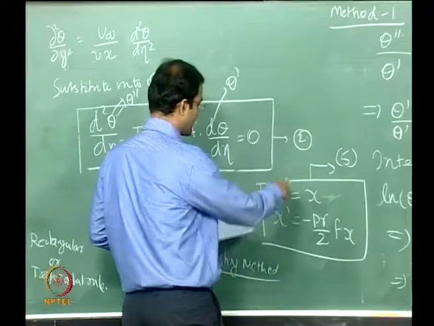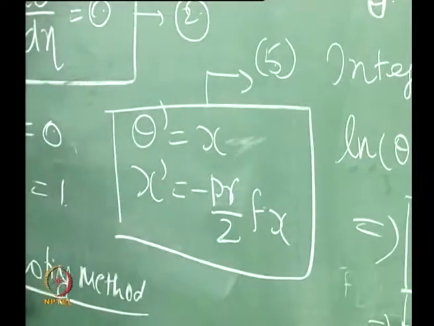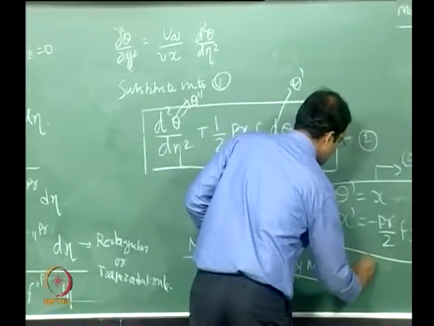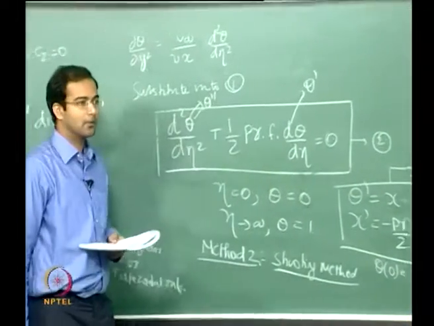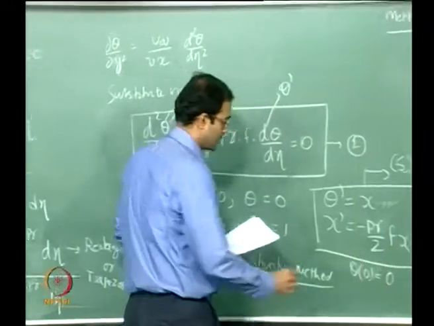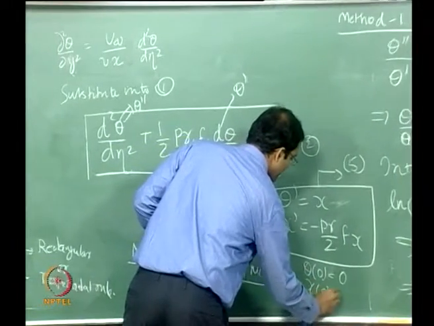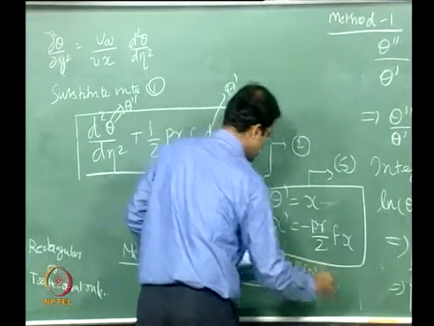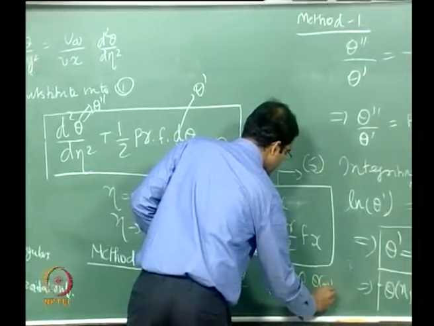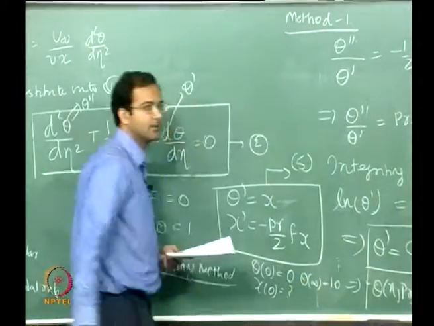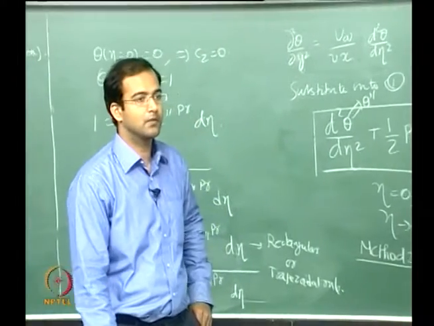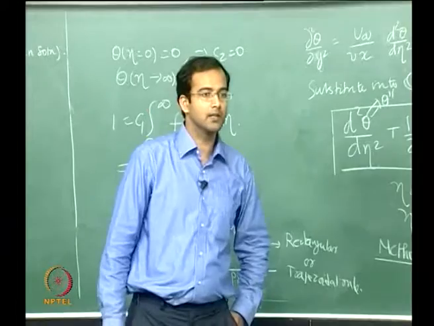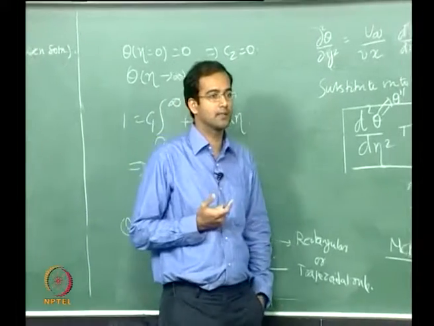You have the boundary condition for theta at eta equal to 0, right? So theta at 0 equal to 0, but you don't have the boundary condition for x at 0. But you know that theta at infinity should be equal to 1. Now this is the same kind of problem that you did for the Blasius case. You didn't know the boundary condition for h at 0.